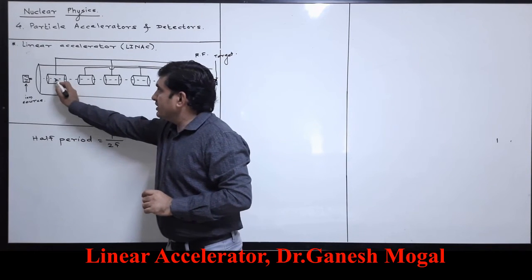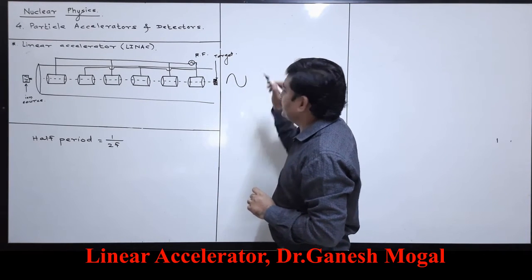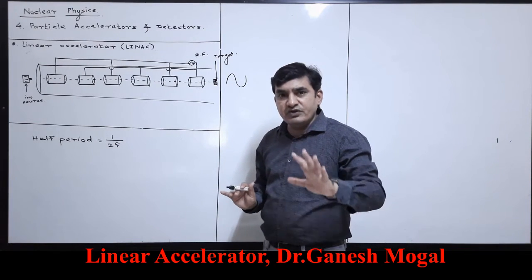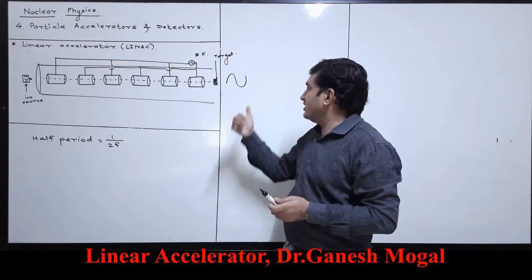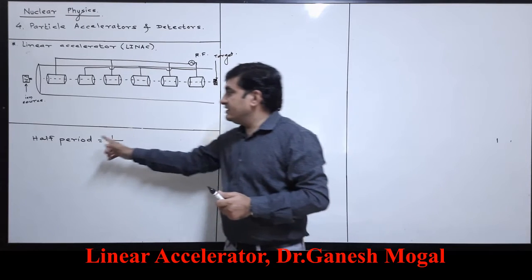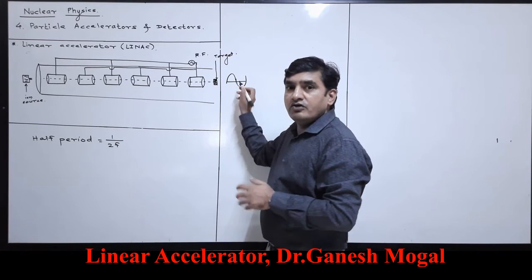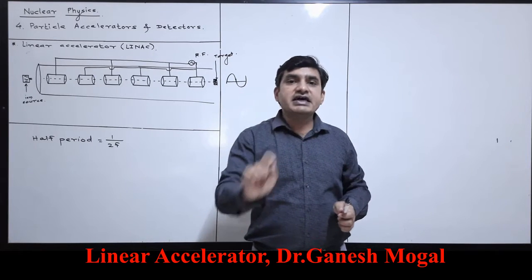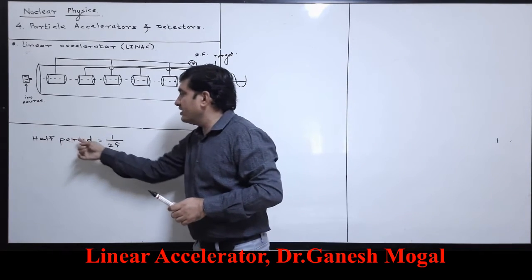Because the alternating potential is like this, so that for the positive half cycle, the first cylinder has a positive potential and the second cylinder has a negative potential, and here we consider only that half part for which the charged particles travel inside the cylinder or electrode. Therefore we consider the half period.